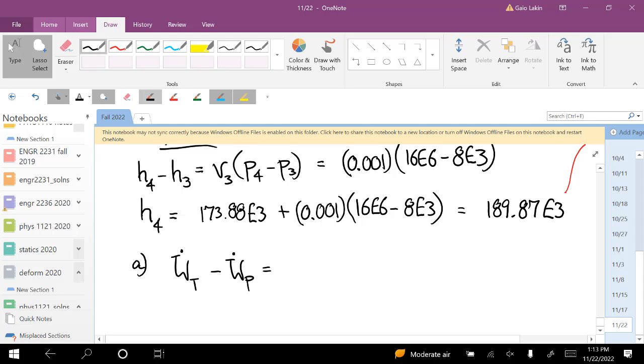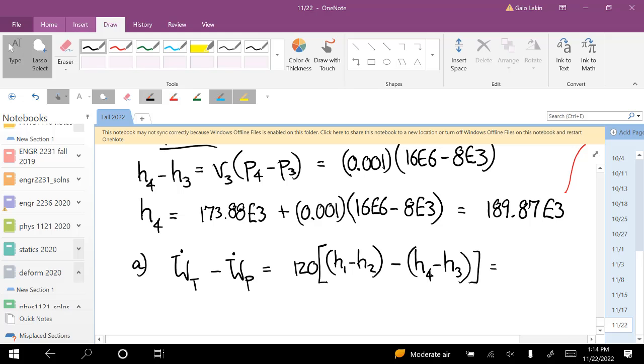And that is the mass flow rate times the quantity H1 minus H2 minus the quantity H4 minus H3.